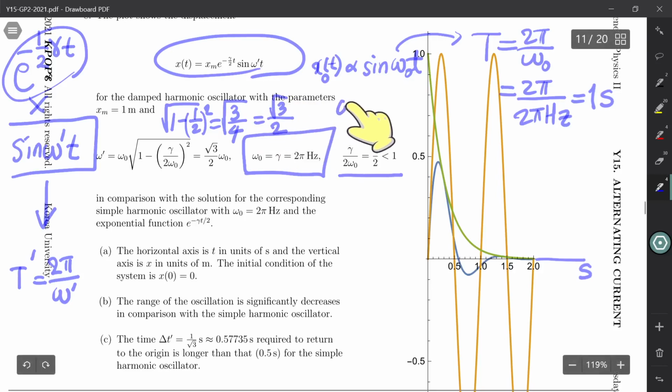Therefore, omega prime over omega 0 is 1.7 something divided by 2.